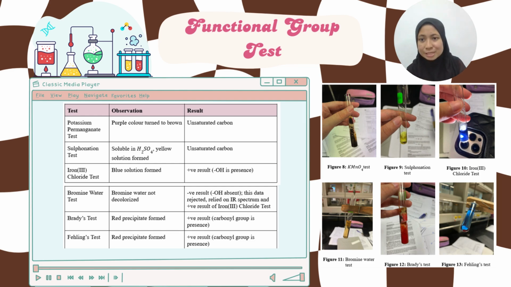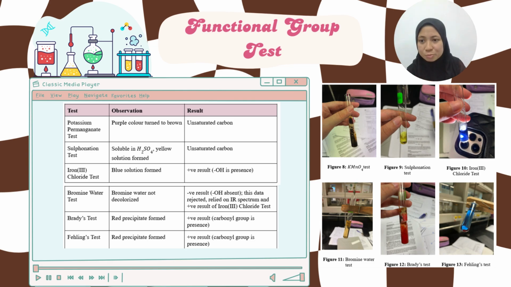The same result applies when we go through the sulfonation test. What we observe is that our compound is soluble in sulfuric acid and a yellow solution forms. The third one is the iron trichloride test, and we observe a blue solution form. This indicates a positive result for the presence of hydroxyl.